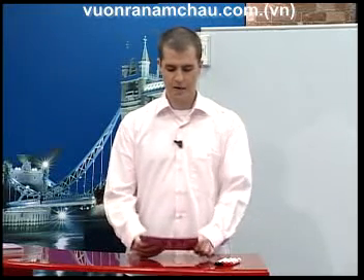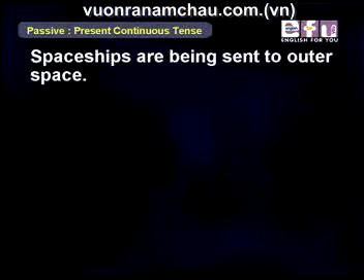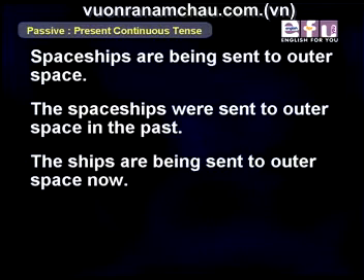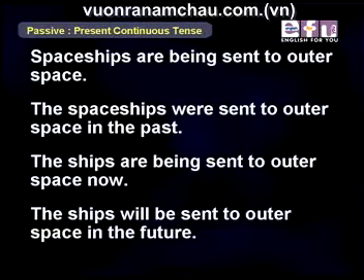For example, spaceships are being sent to outer space. The spaceships were sent to outer space in the past. The ships are being sent to outer space now. And the ships will be sent to outer space in the future.